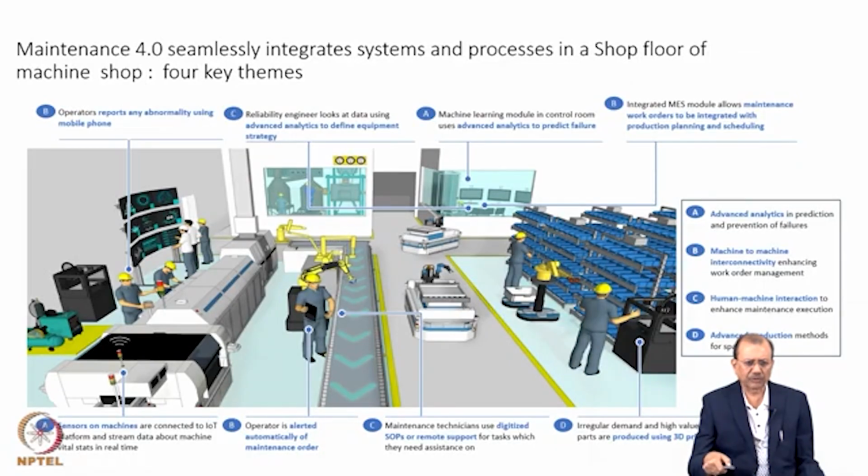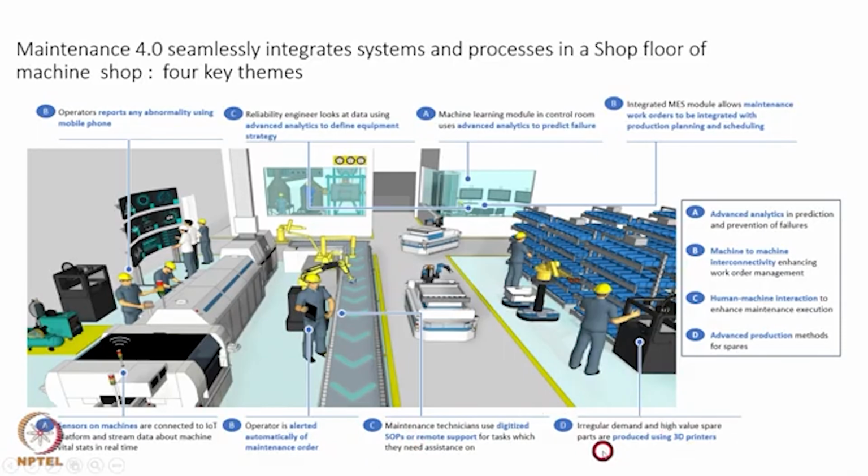On one side you have sensors on the machine, on the other side there is a system which alerts the technicians, third, there is a system of digitized standard operating procedures or remote support, and fourth, if a part is required which is not available, then with the help of a 3D printer, which we are going to study in the next class, the part can be created, or printed, we call it.